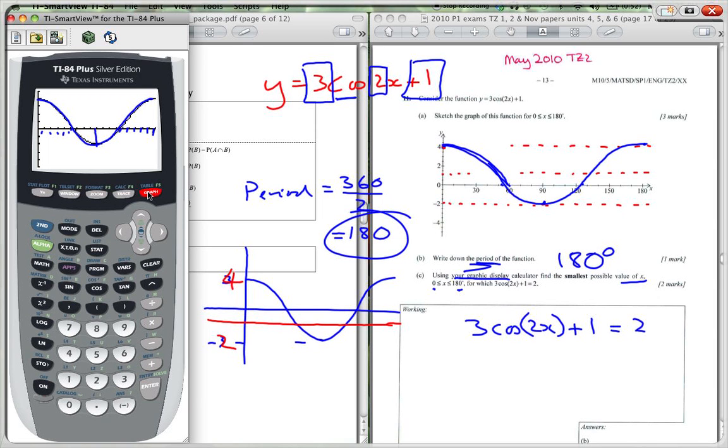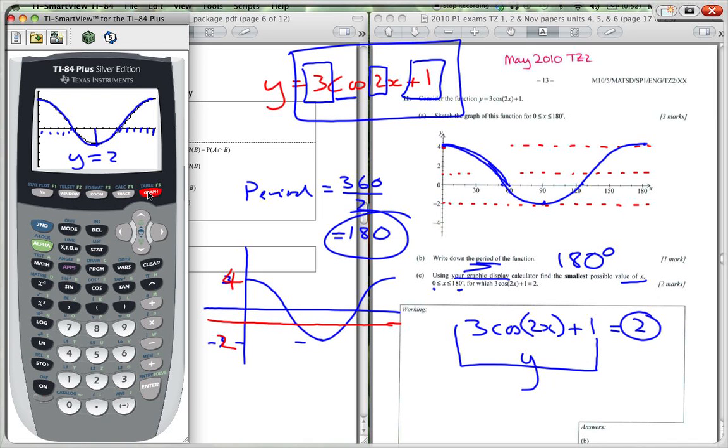We know that this graph is our f of x, or y, which we've just drawn. So we are looking for when this is equal to 2. So I'm going to draw up the line y is equal to 2.